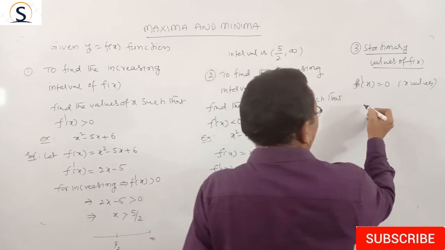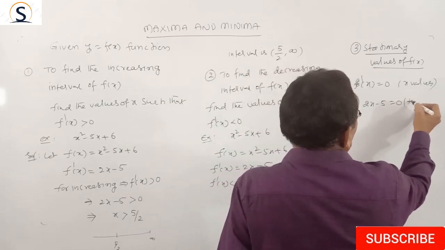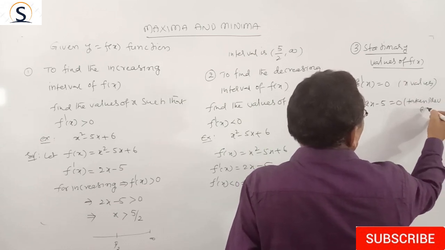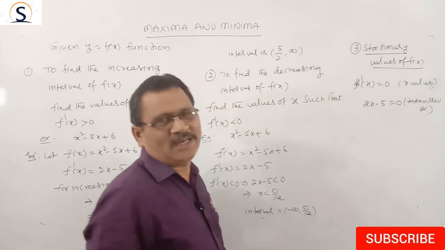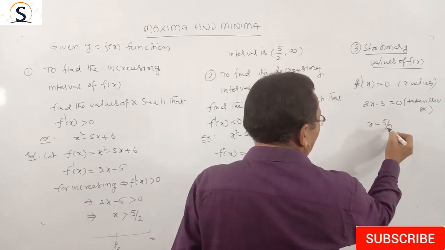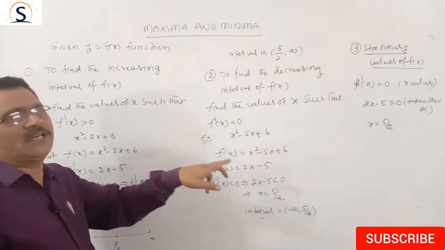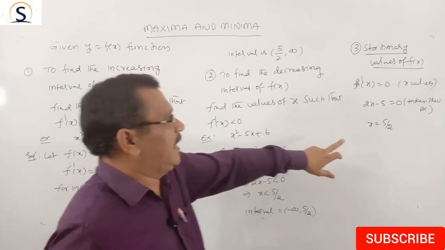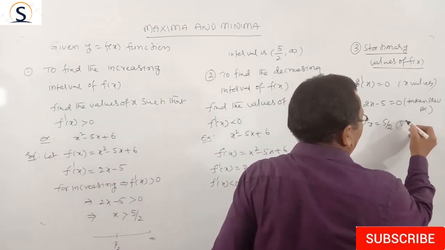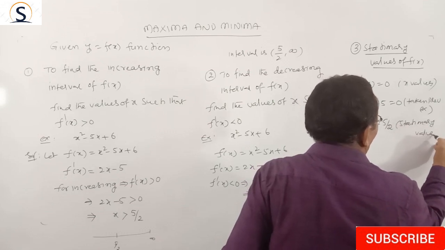In the previous example, 2x minus 5 is equal to 0, then x is equal to 5 by 2. So at x is equal to 5 by 2, f dash x becomes 0. This is called a stationary value.